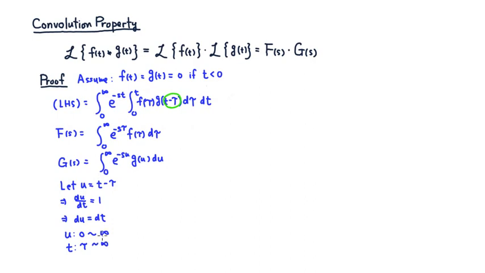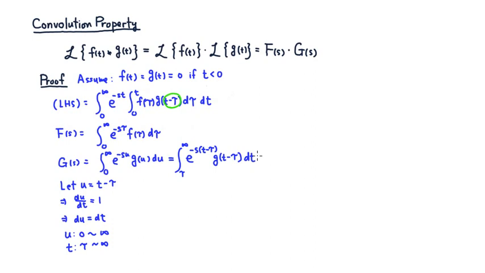So this is going to look like this: an integral from tau to infinity, then you have e to the negative s times the quantity t minus tau, g of t minus tau, and du is the same thing as dt, so we just put dt here.